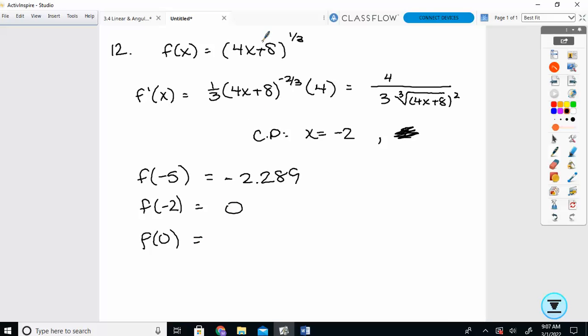If you plug in a -2, you get 0. If you plug in a 0, you get 2. So where is my absolute max? 0. And my absolute min? Are we okay with this? So if I ask you to do absolute max and min, we can handle that.